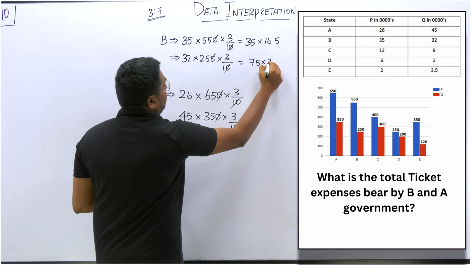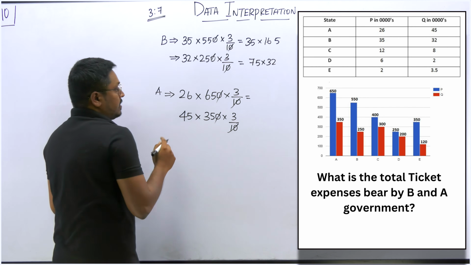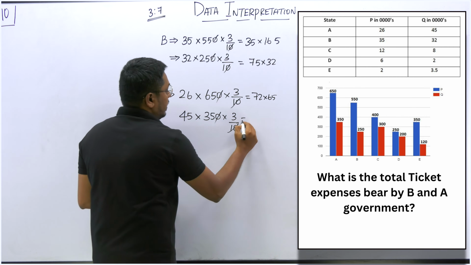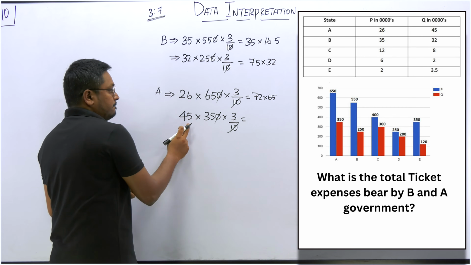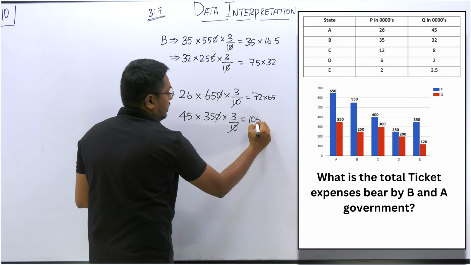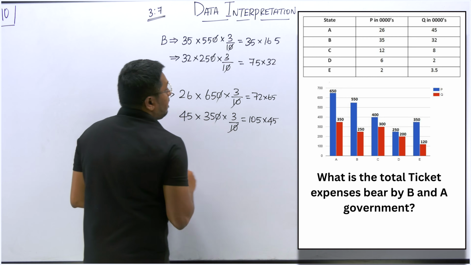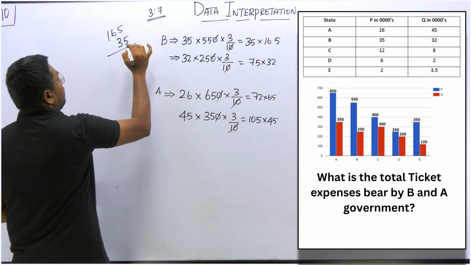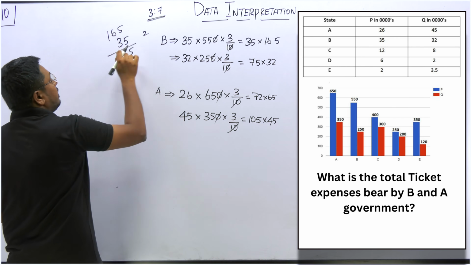So 75 into 32. So this will be 26, 72. So 72 into 65. So this will be 45, 90, 105, right? So 105 into 45, right? So 35, 165. So 25, remaining will be 2.